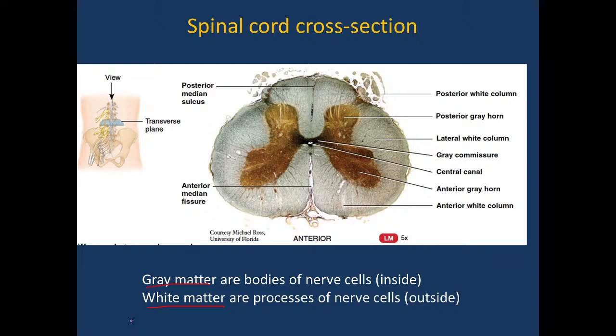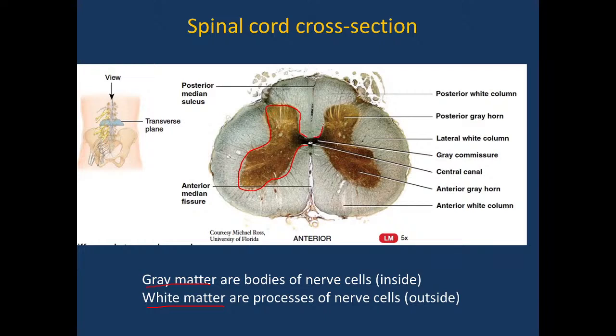It's composed of bundles of axons called tracts or pathways that carry signals from one part of the central nervous system to another. So here you see gray matter.